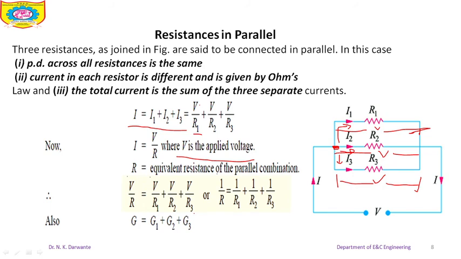As V is common on the left side as well as the right side, we can cancel them, and finally you will get 1 upon R is equal to 1 upon R1 plus 1 upon R2 plus 1 upon R3. We know that 1 upon R is nothing but the conductance. Therefore, conductance is given by capital G, and capital G is equal to G1 plus G2 plus G3.